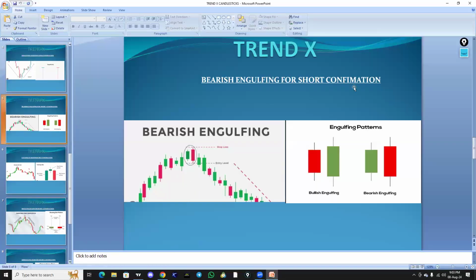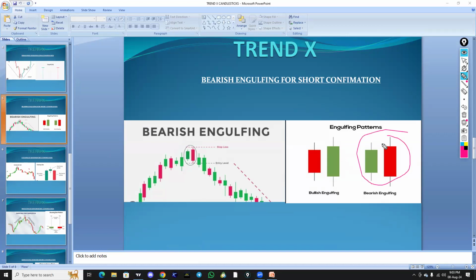Now, I showed you the first 4 candles for bullish, right? These are just the exact opposite candles. When the market comes near resistance, we should wait for this pattern. I showed you the bullish engulfing, how it looks.